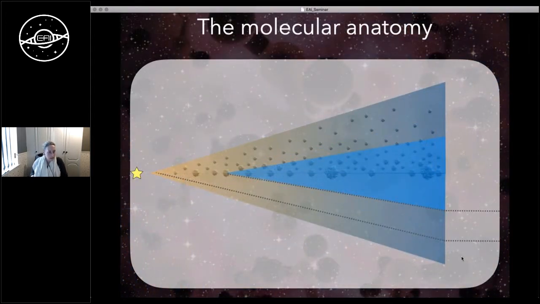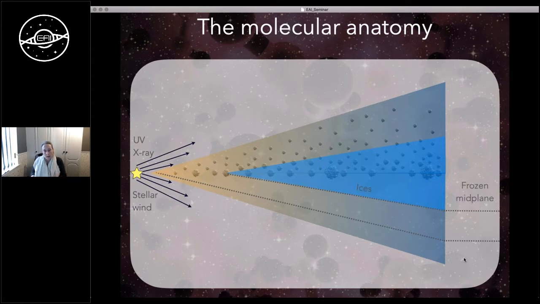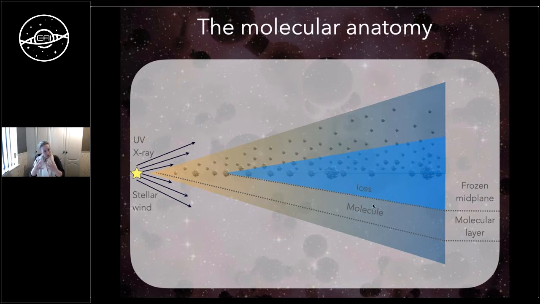So let's now take a little bit of a closer look at the chemical anatomy of a disk. So I already explained the concept of the snow lines, and I explained the concept of the snow surfaces. But when we point our telescopes at protoplanetary disks, what we're really probing is this molecular layer. This layer is not frozen out, or part of it may be frozen out, but some molecules are in the gas phase. So we call this the molecular layer.